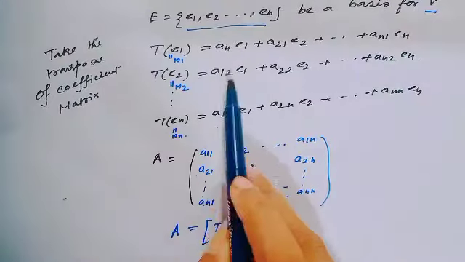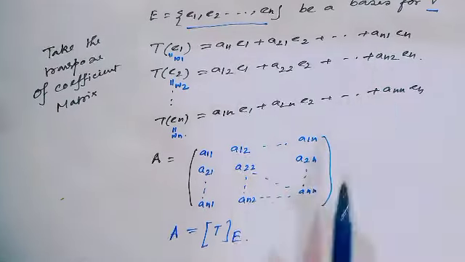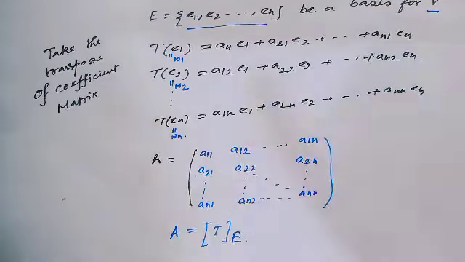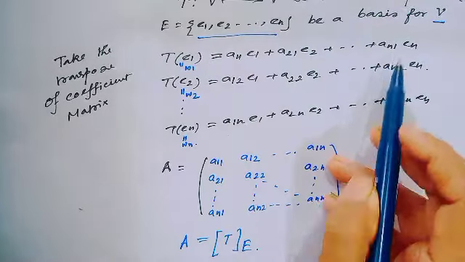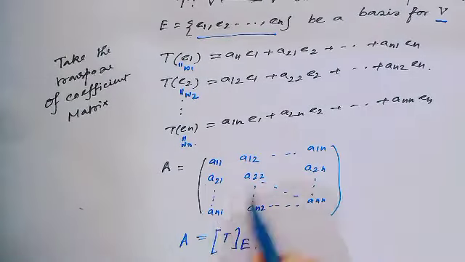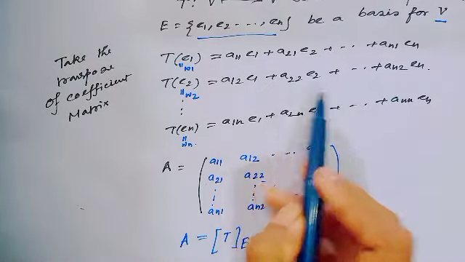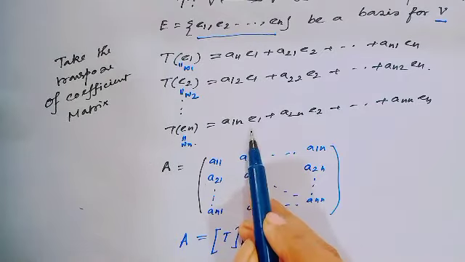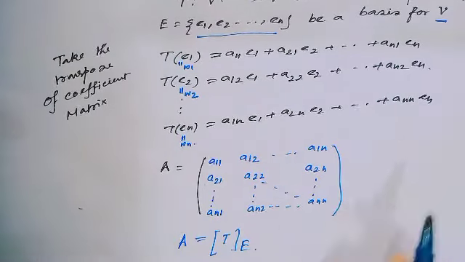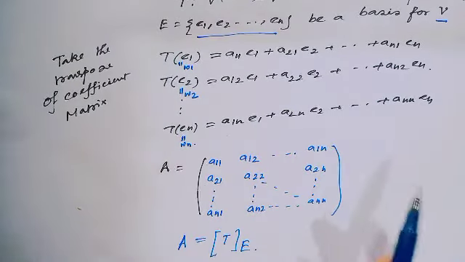That means the transpose of this coefficient would be of this type: A11, A21, An1 as the first column vector, A12, A22, An2 as the second column vector, up to A1n, A2n, Ann as the nth column vector.